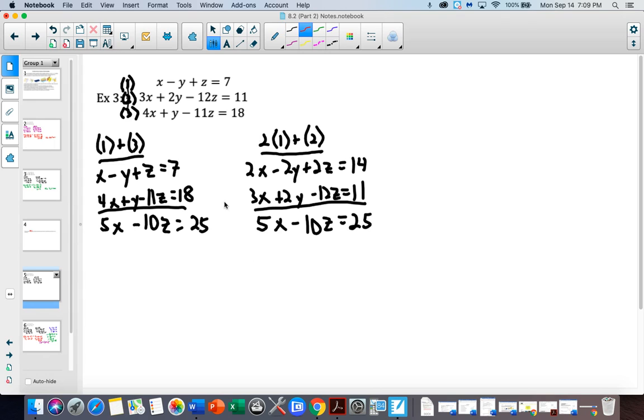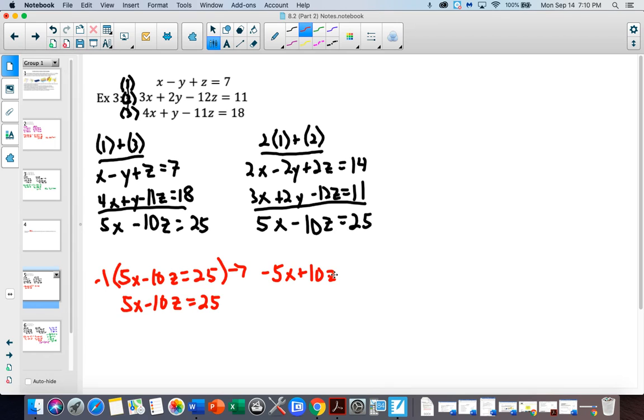So this is my new system. Hopefully we can kind of see what's going to happen here. But I'm going to go ahead and write it all out. So 5x minus 10z equals 25, and 5x minus 10z equals 25. So to eliminate one of the variables, I would want to multiply one of these equations by -1. So I'm going to get -5x plus 10z equals negative 25, and my second equation will stay the same.